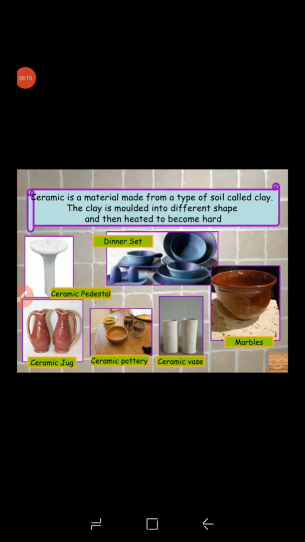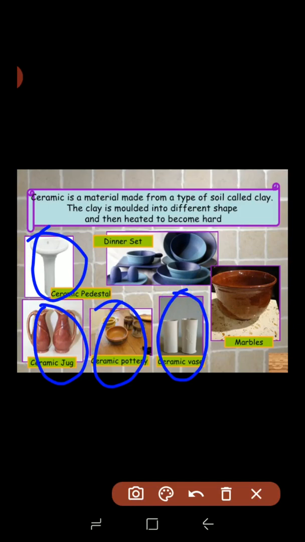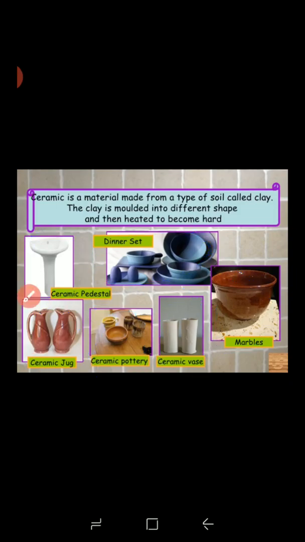Then ceramic. Here we have a ceramic pestle, ceramic jugs, ceramic pottery, ceramic vase, marbles, and a dinner set also. Ceramic is a material made from a type of soil called clay. The clay is molded into different shapes and then heated to become hard. So this is the ceramic material.